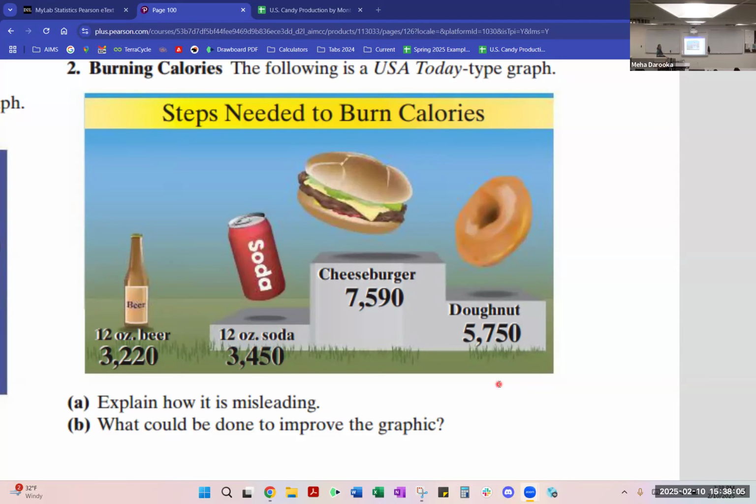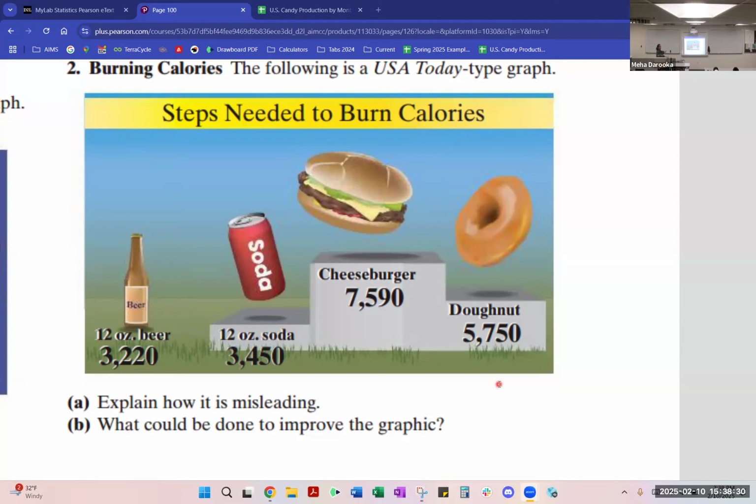So what could be misleading about this? The beer doesn't have a place on the podium. Maybe they used it to be like, hey, beer's better, buy more.